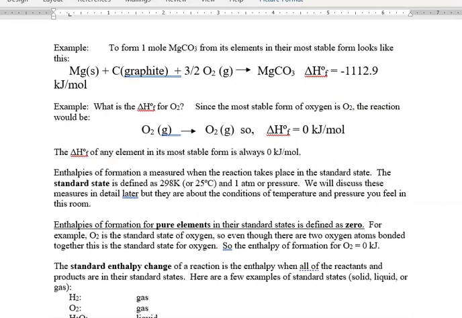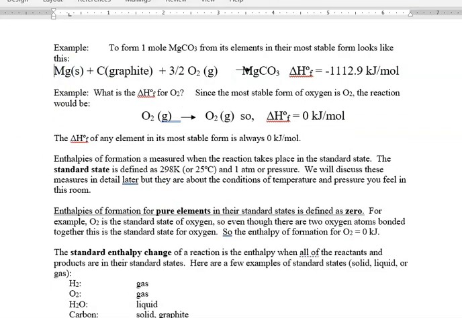Okay, so here's an example. To form 1 mole of magnesium carbonate from its elements in their most stable form looks like this. You have magnesium as a solid. You have carbon in graphite form. You may remember we talked about that. Diamonds are also 100% carbon, but they are not as stable as graphite, surprisingly, even though they're really hard.